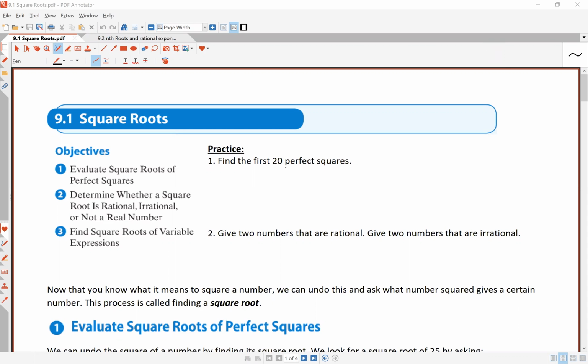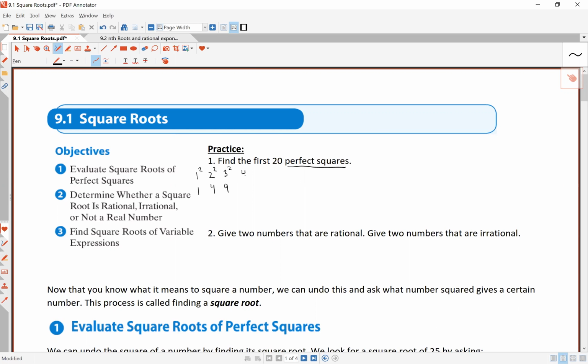When we say perfect squares, we're looking for numbers like 1 times 1, which is 1, 2 squared, or 4, 3 squared, or 9. This list gives us our first 20 perfect squares.